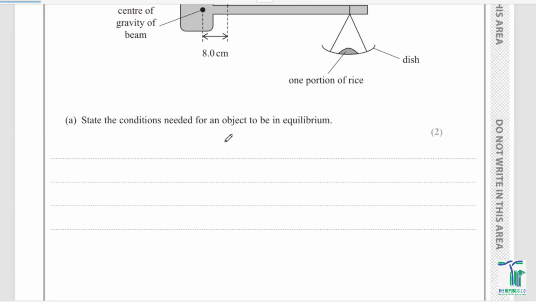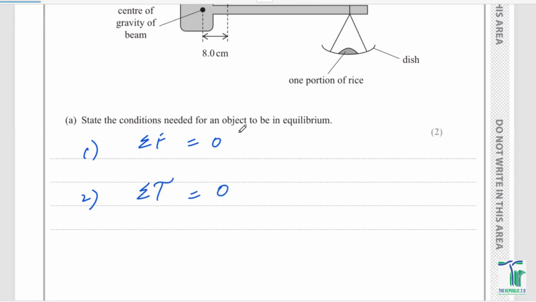So if you are talking about the equilibrium, remember that there are only two conditions. Resultant forces acting on the object must be equal to 0, or summation F must be equal to 0. Secondly, the resultant moment acting on the object, which we can represent like this, also must be equal to 0.